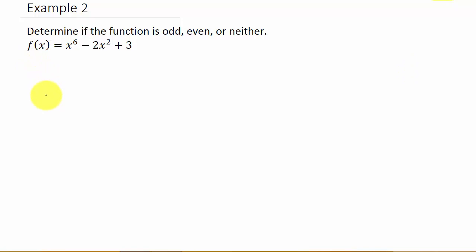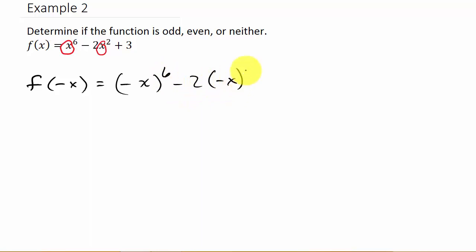All right, same thing here. We're going to evaluate the function at negative x. So each x gets replaced with negative x. That's going to give us negative x to the 6th minus 2 times negative x squared plus 3.